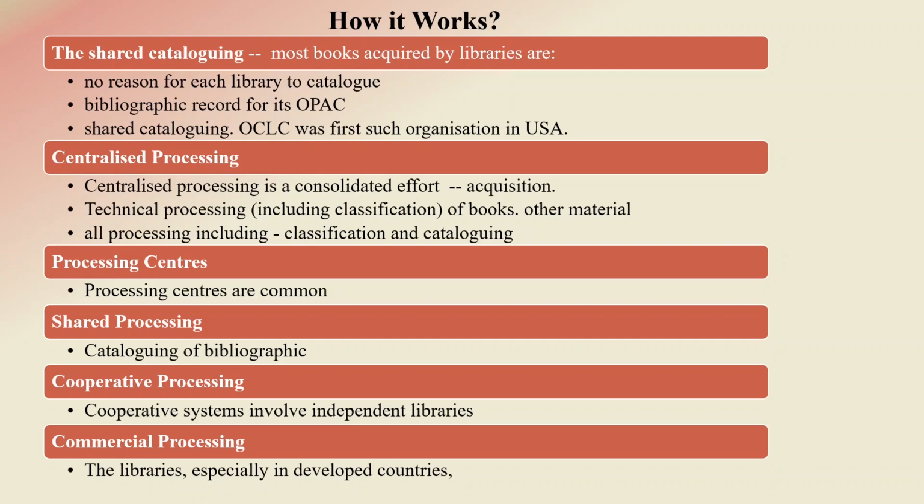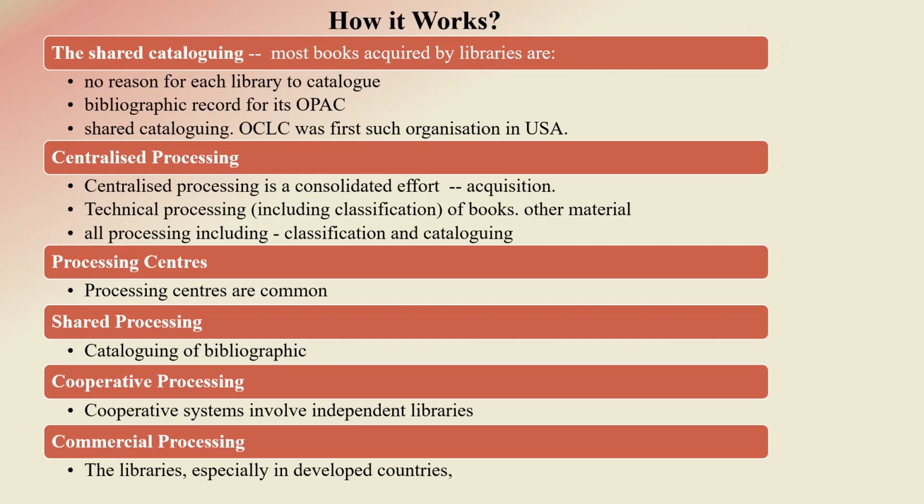How about classification processing? So you have to do centralized processing. Centralized processing is a consolidated effort to bring all operations, such as acquisition, classification and cataloging, under one control. The classification and cataloging is done by a particular agency and used by others.